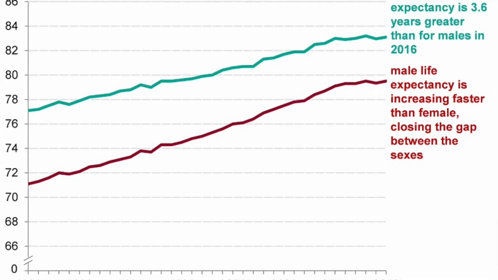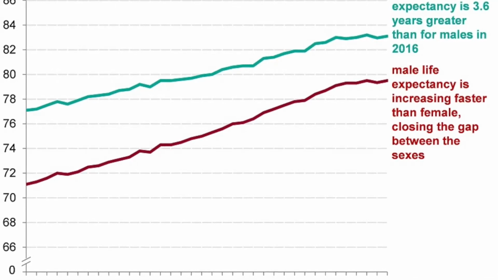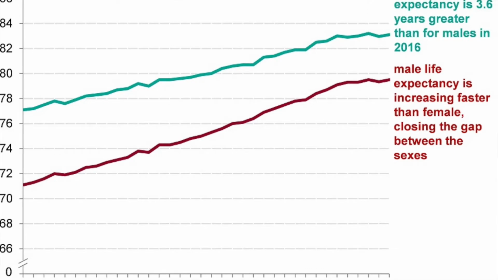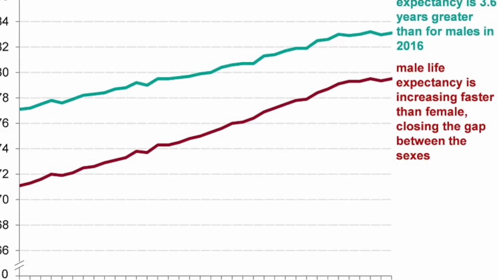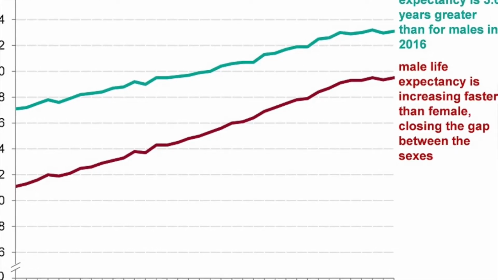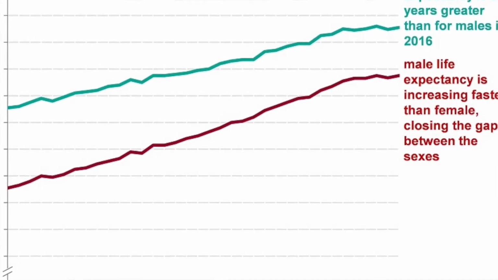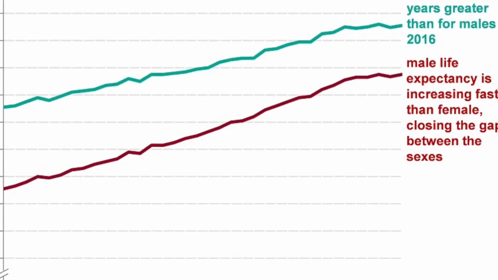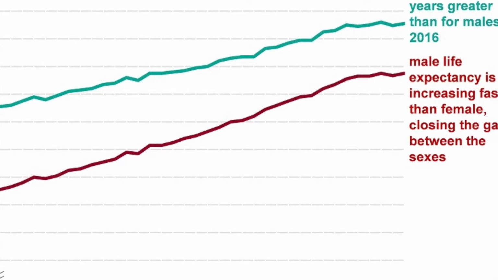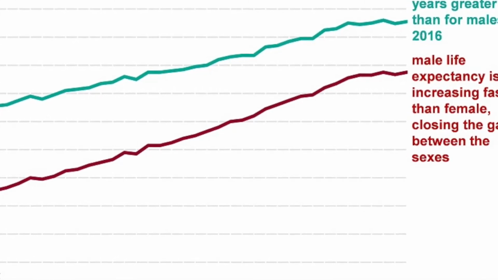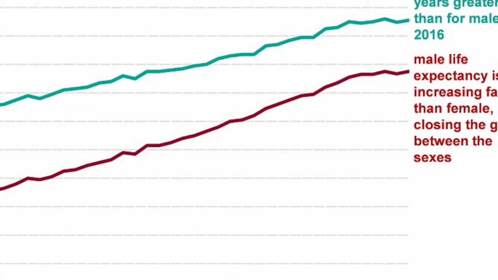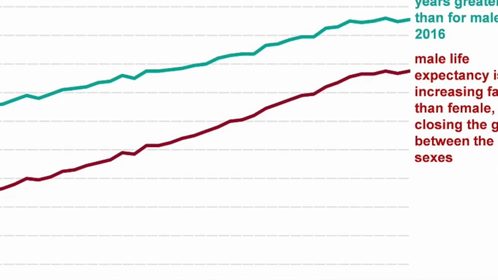What you're looking at now is a life expectancy graph from the Office for National Statistics, showing life expectancy for men and women. And we can see that women live longer than men. So that's our first health inequality that we've got there. So women live longer than men.